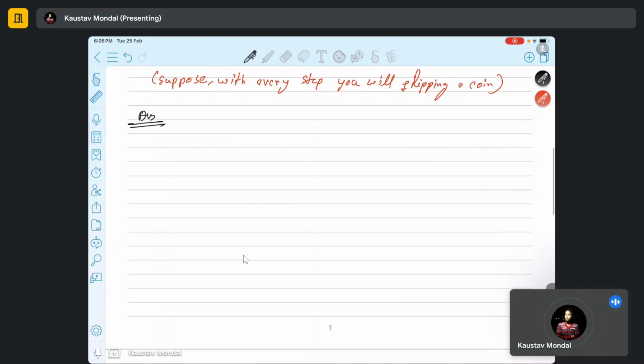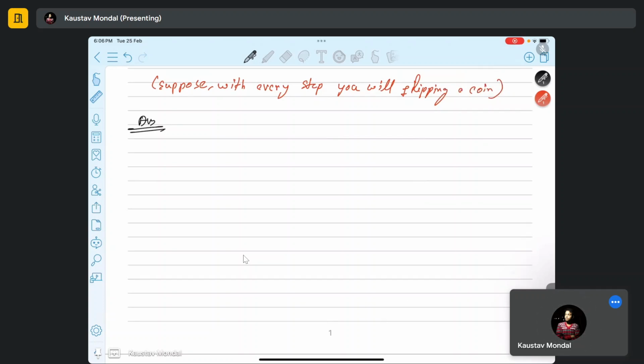So let's suppose this is a line, this is the origin O. Let's suppose a variable x, which can move either in this forward side, this backward side, or this is the right side, this is the left side. So these are the steps along this line.